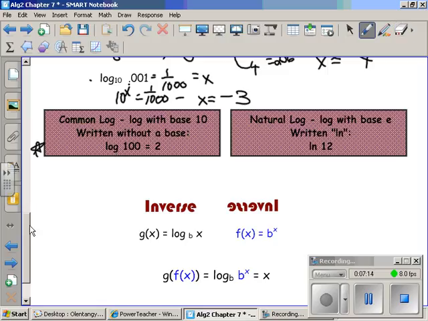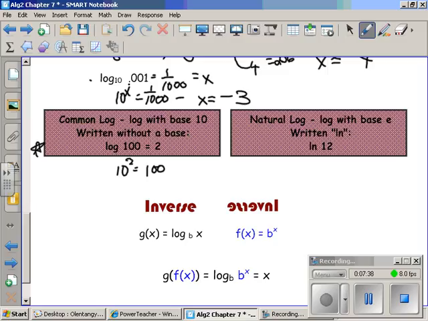So log base 10 of 100 would be 2, right? Because 10 squared is 100. This is the only kind of log that works in your calculator. So tomorrow, or Monday, I guess, we're going to show you how to switch other bases to base 10 so you can plug them in your calculator.